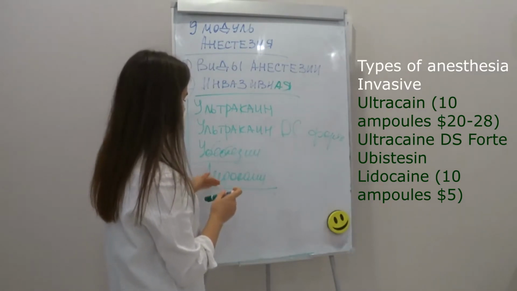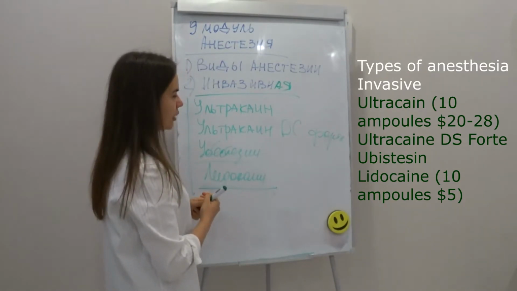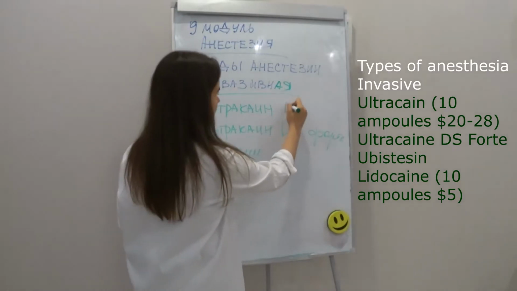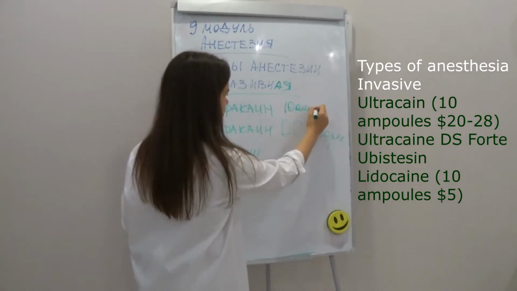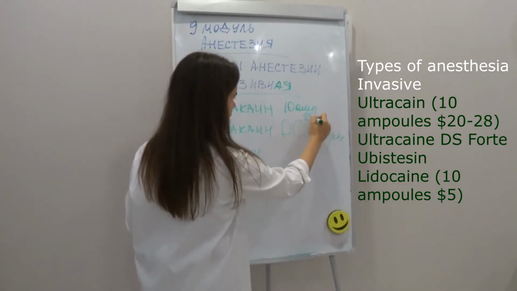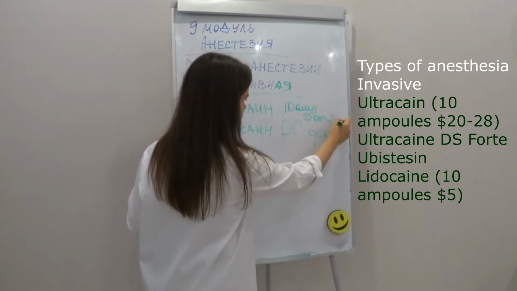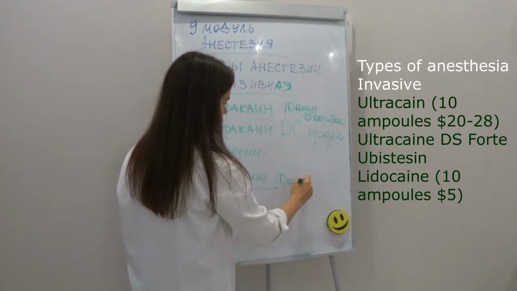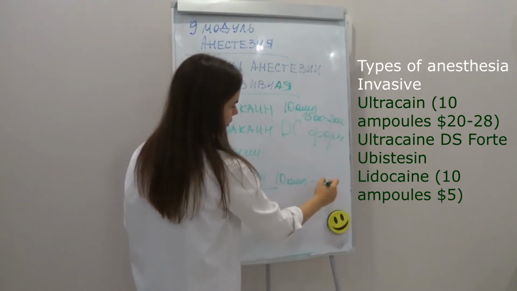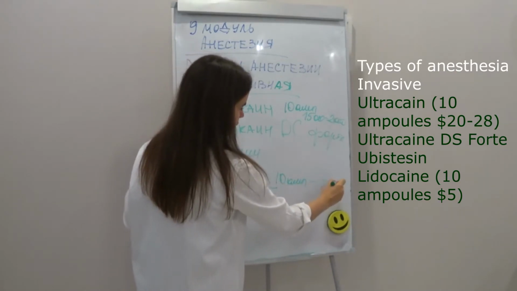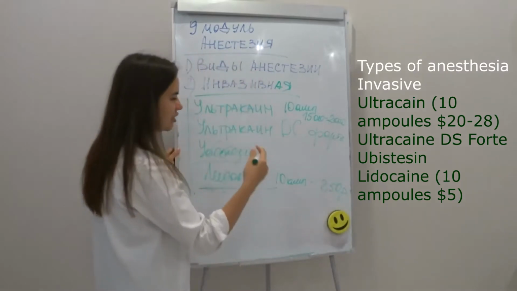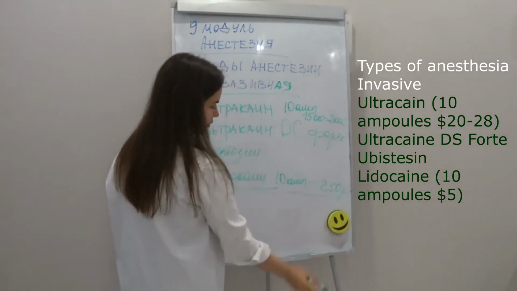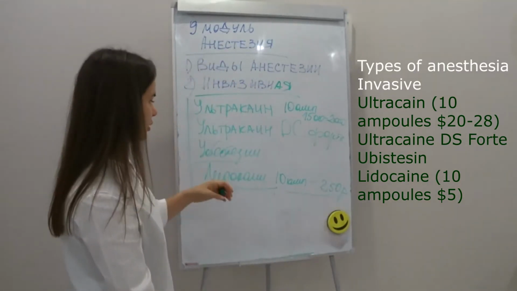Firstly, the price of 10 ampoules of Ultracaine is approximately from $20 to $28. And here 10 ampoules will cost approximately $5. Often experts take this, but these are huge risks for the client.